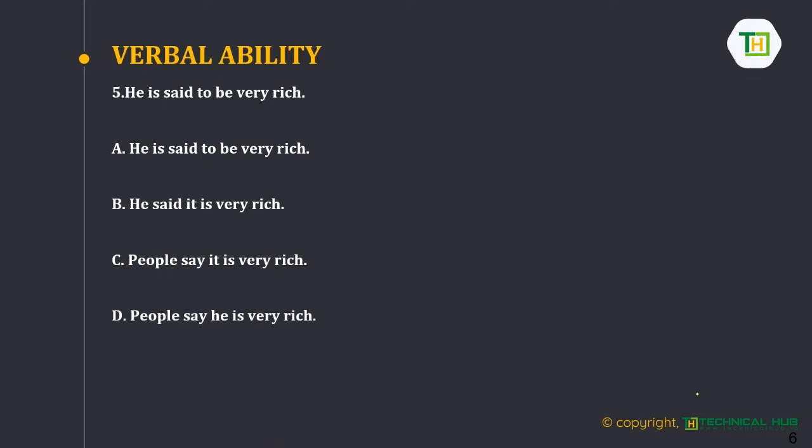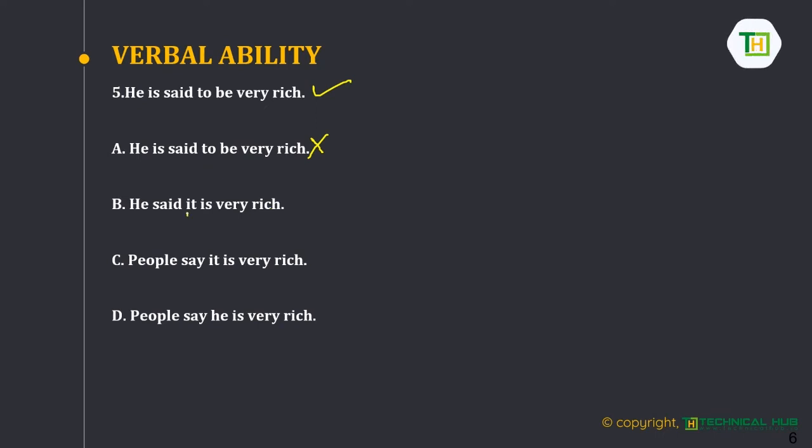Okay, so you need to change this into the passive voice. So how can you change it into passive voice? The same question has come here, so you cannot use this. And 'he said it is very rich' means some company or some kind of organization or any kind of item you are using, because you are highlighting 'it' here.